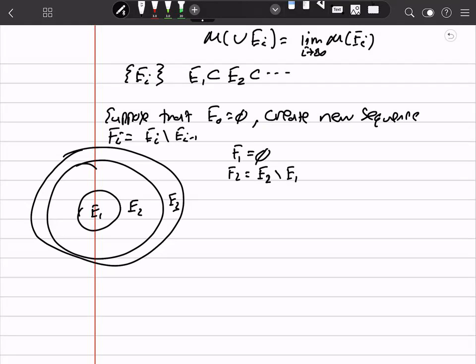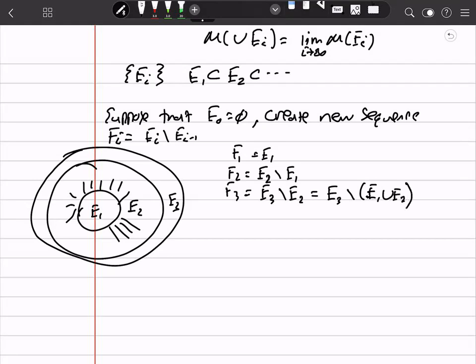F1 is going to be E1. F2 is going to be E2 minus E1, which is going to be this region in here. Then F3 is going to be E3 minus E2, which is E3 minus everything in E1 union everything in E2, which is of course just E2. So it's going to be this guy right here.